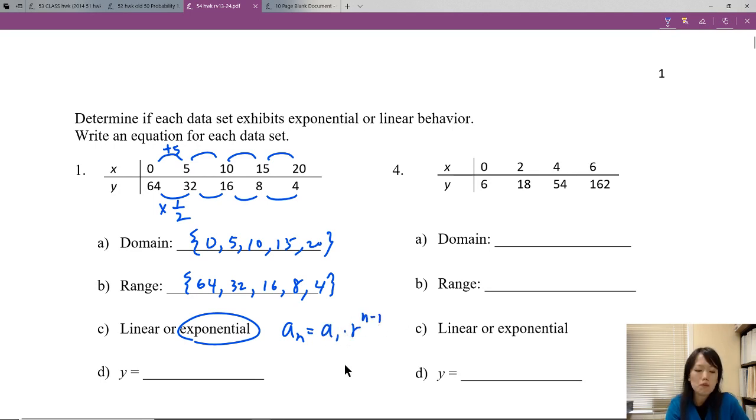If you follow that format, any y value I want would be the first term times r to the power. In this case the first term is 64, and if it's not 1, if you sub in, let's see, the second term would be, well, it depends, you sub it in, you try it.